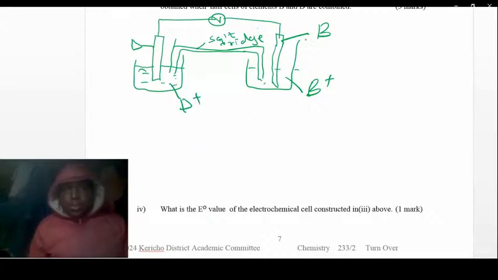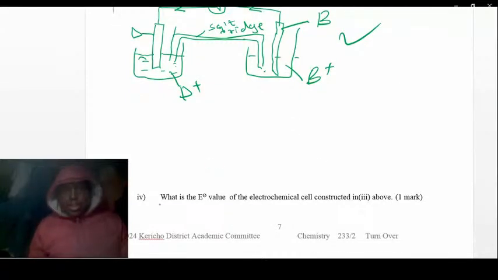Then the electrons should be moving from where to where? From B to D, because B is more reactive. It is the one that is going to give electrons, and this diagram is completely perfect for you to get 3 marks.